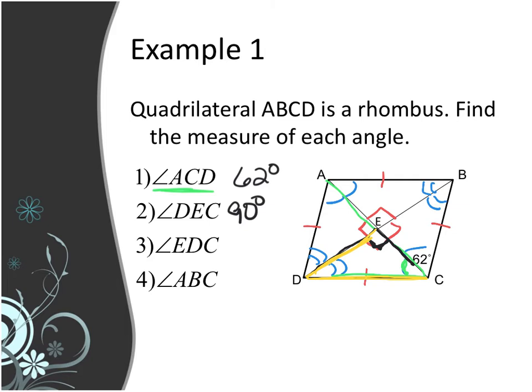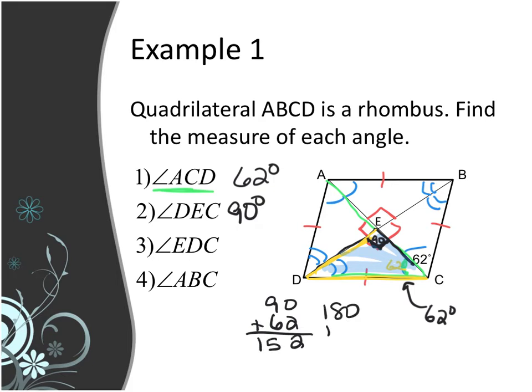So what I need to do here is I can do several things. I have a little triangle here, let me highlight it. I've got a triangle going on here. If I know that this angle is 62 and the one here is 90, I can just do 90 plus 62, subtract that from 180, and the angle they're asking me to find is 28 degrees.